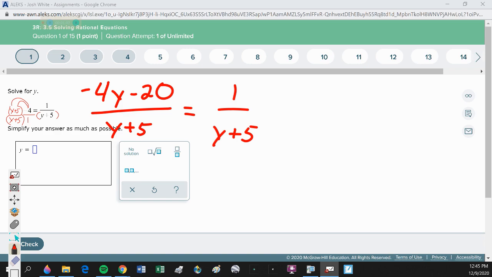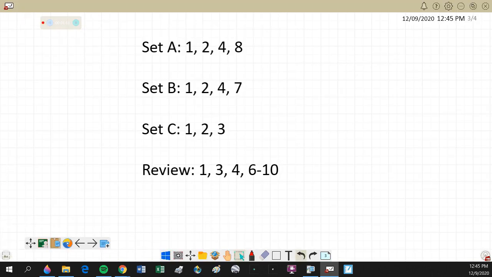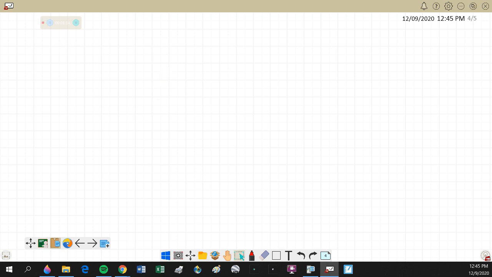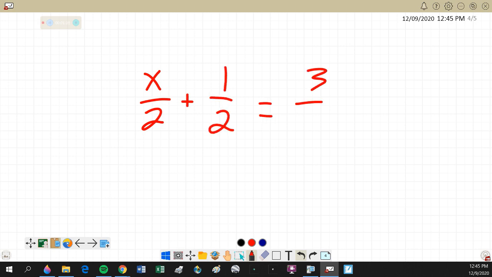So let's think about this. If I had x over 2 plus 1 over 2 equals 3 over 2, that's pretty easy to solve. What does x have to equal? 2.